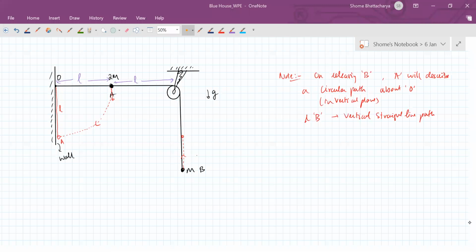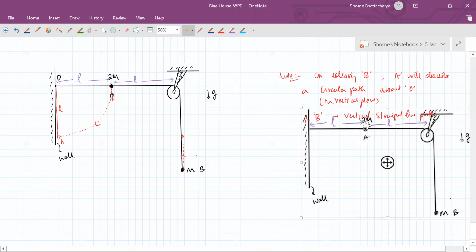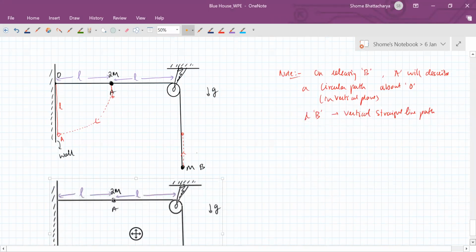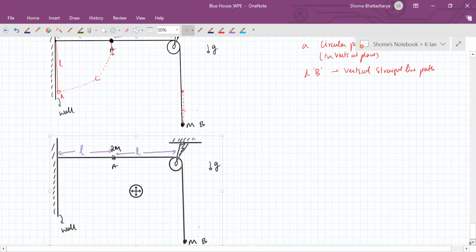So now let's also understand what is exactly happening at the instant when this is about to hit.